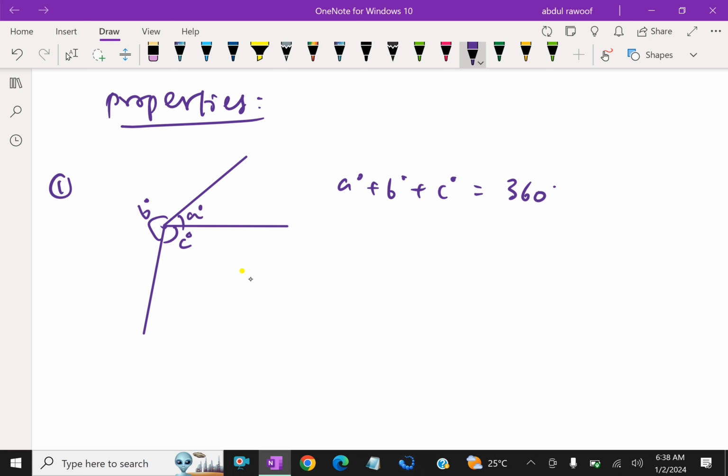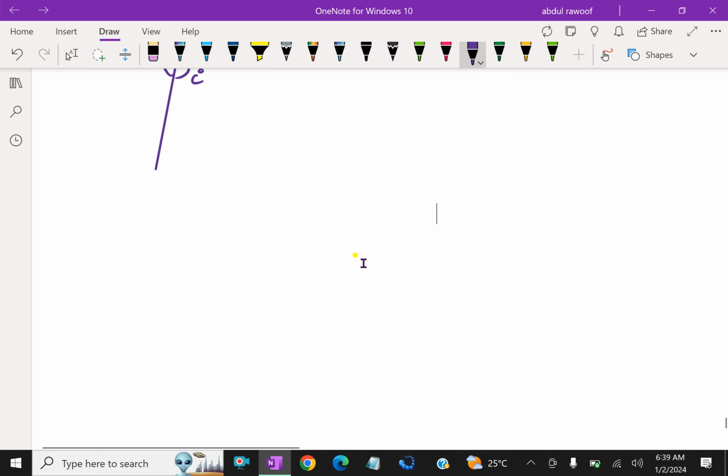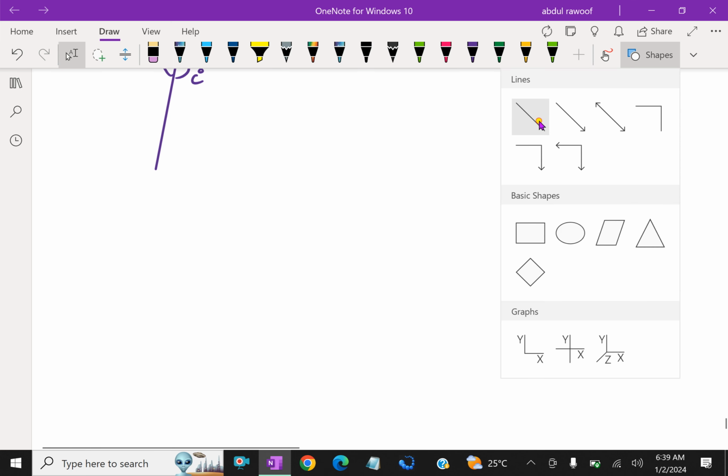Then adjacent angles on a straight line. Here, two angles on the same straight line are called adjacent angles. Look at here.